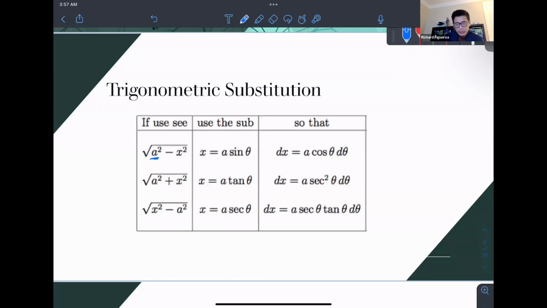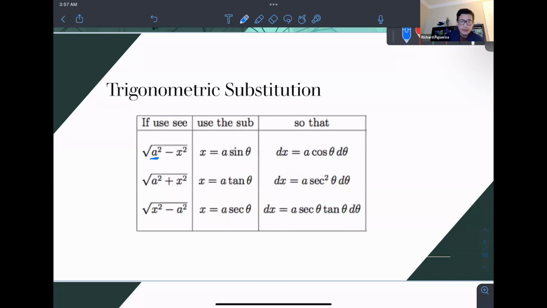Then the derivative of tangent is secant squared theta d theta. If it is a difference, x squared minus a squared, then that is secant. So we substitute x equals a secant theta, and its derivative is secant theta tangent theta d theta, multiplied by the constant a.